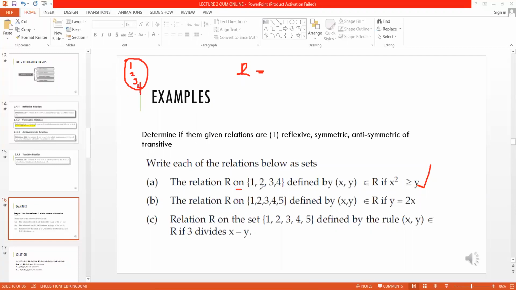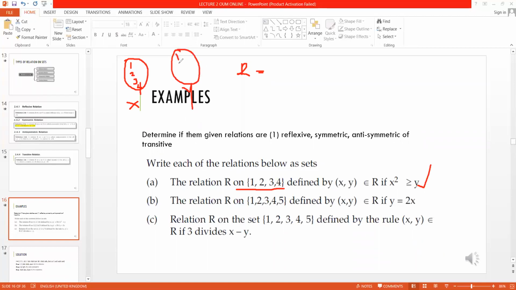We have been told that R is on 1, 2, 3, 4, so both the domain, which is X, and the codomain are all on 1, 2, 3, 4.